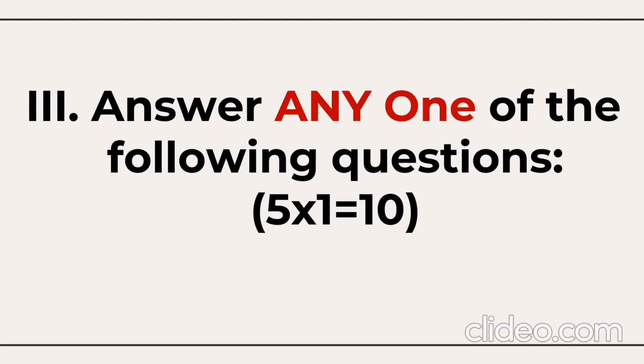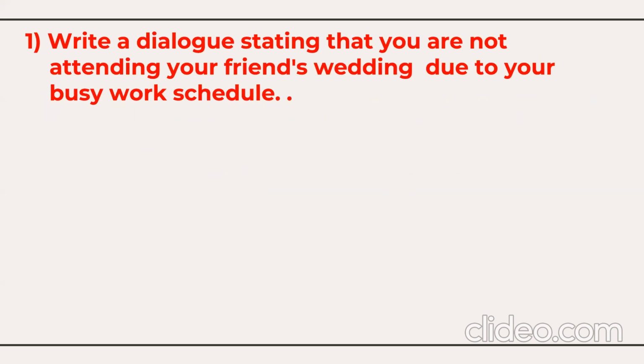Now, the fourth section of the question paper is about dialogue writing, the creative writing. So here you have two questions: write a dialogue on a given situation or complete the dialogue. For example, write a dialogue stating that you are not attending your friend's wedding due to your busy work schedule.